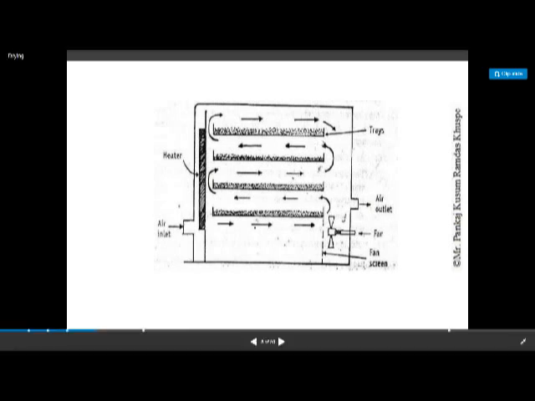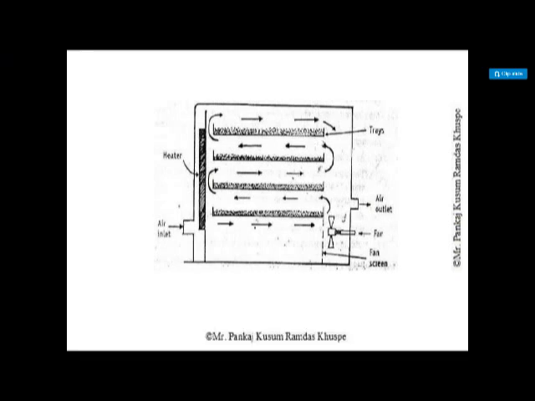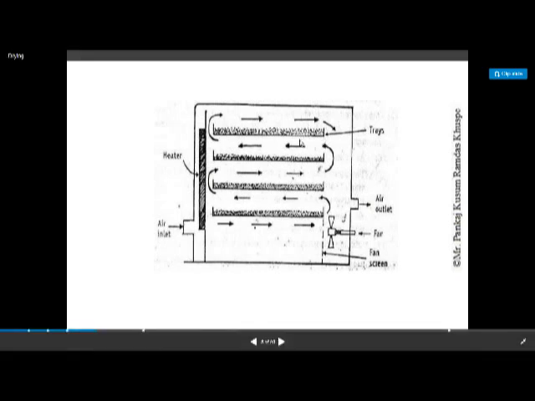These trays are generally made up of metal. Why metal? Because it is easy to heat up. Metals are the good conductors of the heat. Therefore stainless steel or metal trays are placed in this cabinet. This is a cabinet. It may be a long one, or it may be a smaller size.